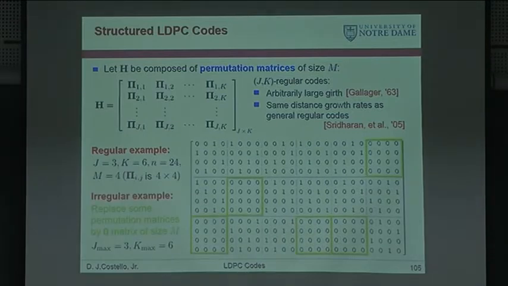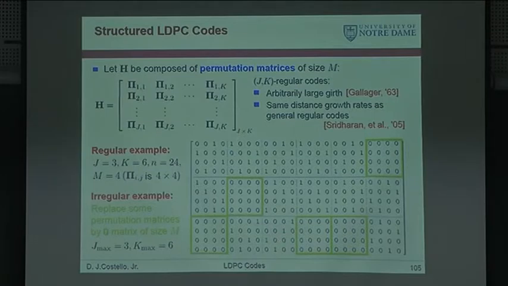If we wanted to construct irregular codes using this method, we could just take some of these matrices and replace them by zeros. In this case, in terms of the row weight, instead of all being 6, these 10 rows would have degree 5, and these 5 rows would have degree 3, because we've removed 3 of the permutation matrices.